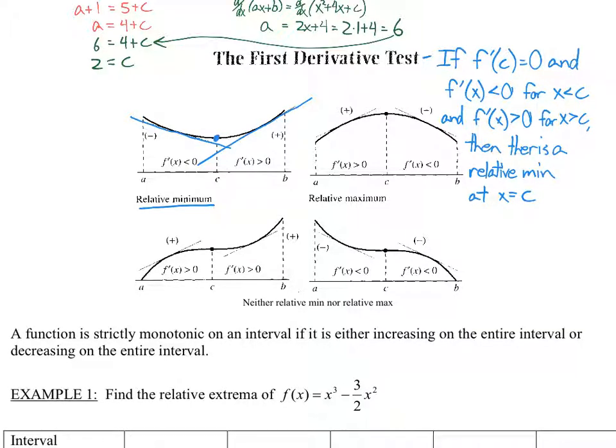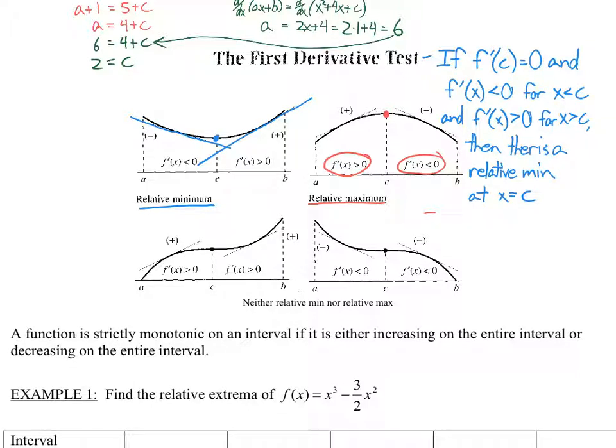So here we have a relative maximum. I'm not going to write this whole part out, but there are two other parts to this as well. The second part is right here. We have a relative maximum if the derivative is greater than 0 to the left of c, and less than 0 to the right of c.